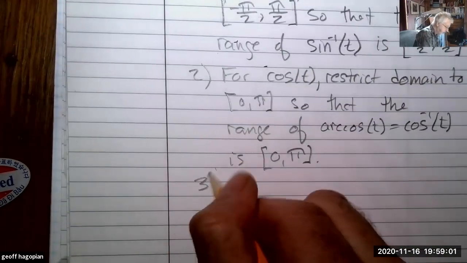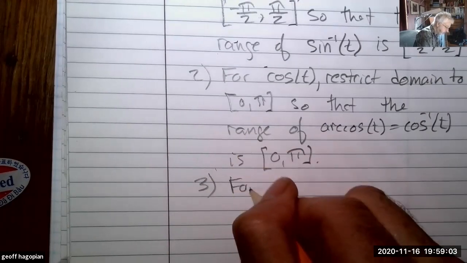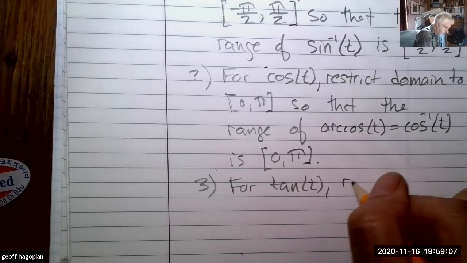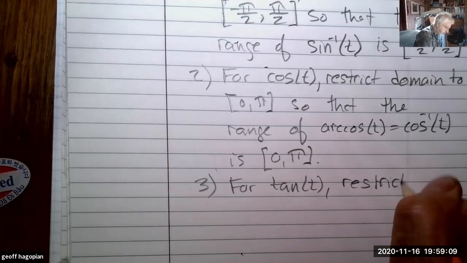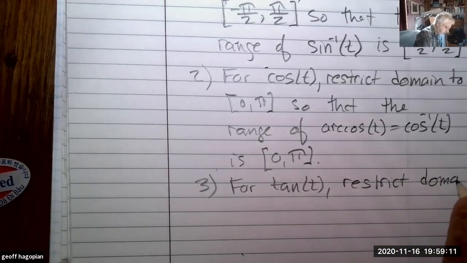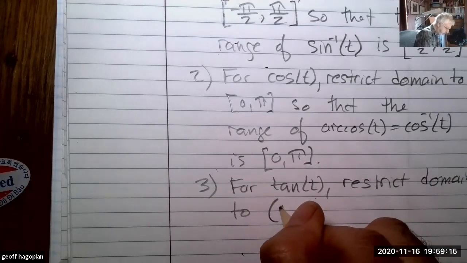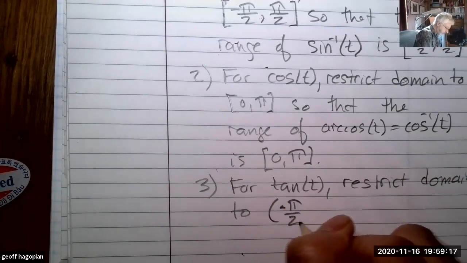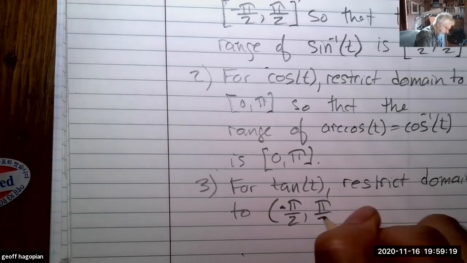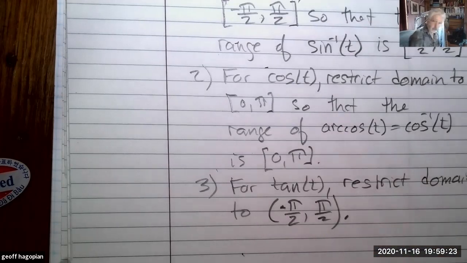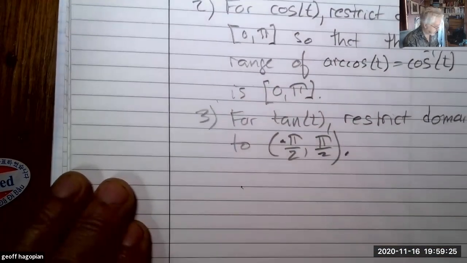So for tangent t, restrict the domain to the interval, not including the endpoints now, because those are vertical asymptotes, right? So the graphs of those, let's talk about the graphs.